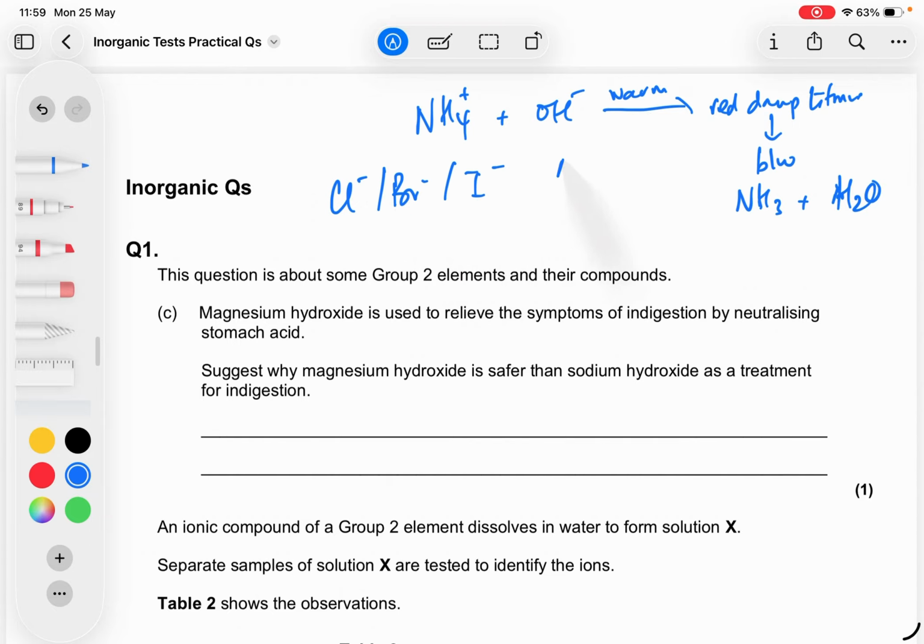The test for that is acidified silver nitrate. The reason we use nitric acid and not sulfuric acid or hydrochloric acid for acidifying silver nitrate is because silver nitrate will dissolve or react with any excess carbonate ions.